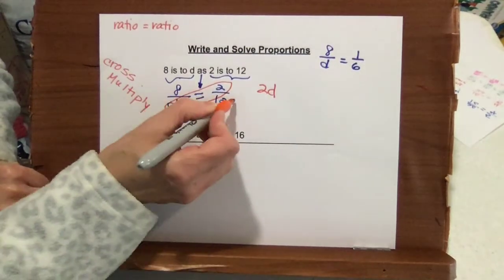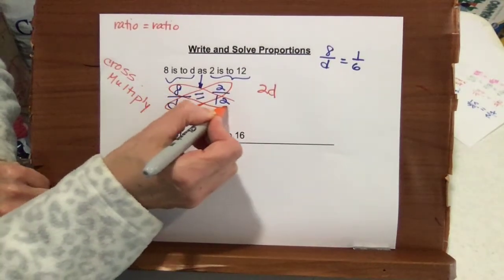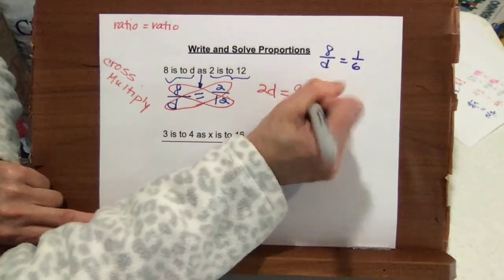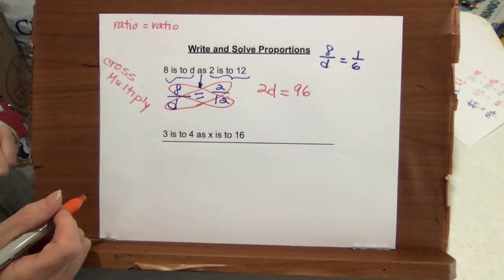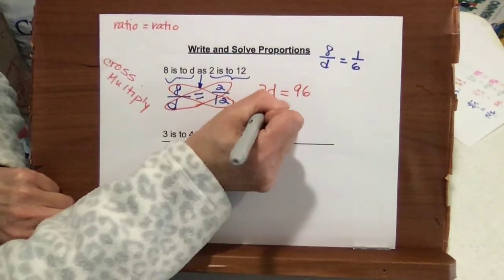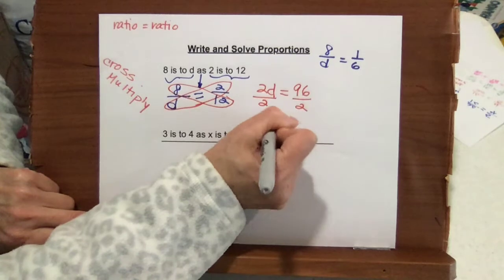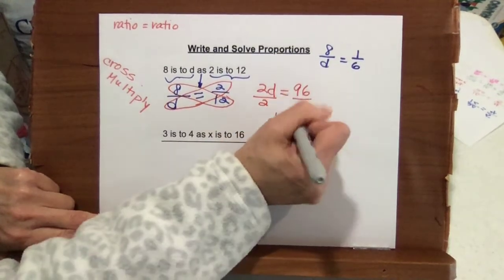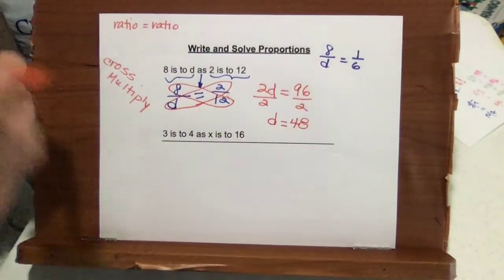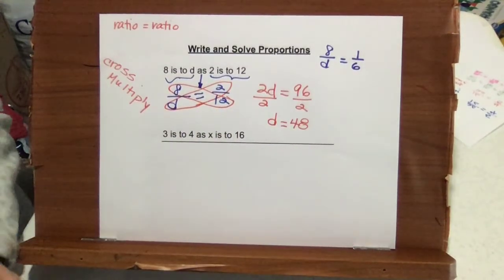And then you crisscross again, 8 times 12, which is 96. So 2D equals 96. So one goes on one side, one goes on the other. Now we solve by dividing by 2. D equals 2 into 9 goes 4. Carry 1 is 16, goes in 8. So it's 48 is our answer.